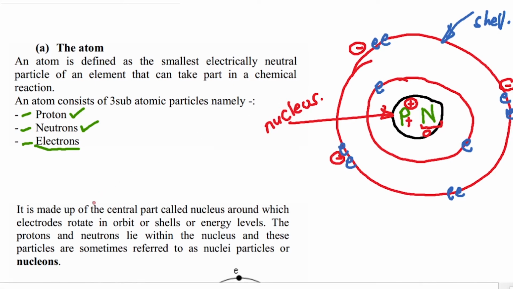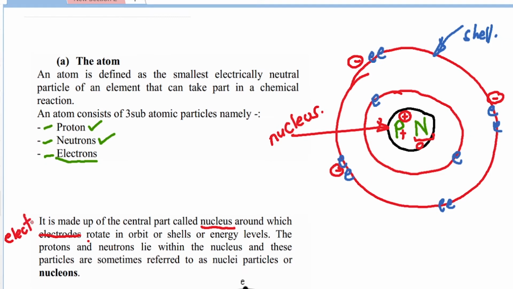So the notes continue to tell us that this atom, the central part, is made up of the nucleus, around which electrons rotate. Electrons, not electrodes, it's electrons. Around which electrons rotate in an orbit or shells, or call them energy levels. Of course, as we continue into advanced physics or advanced chemistry, the energy levels are talked about in detail.